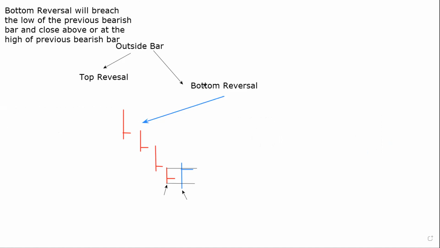The top reversal is very similar. You have a series of bullish bars, then another bullish bar, and another, so you have a series of four, five, six. It doesn't matter. You will have a series of bullish bars in an uptrend.